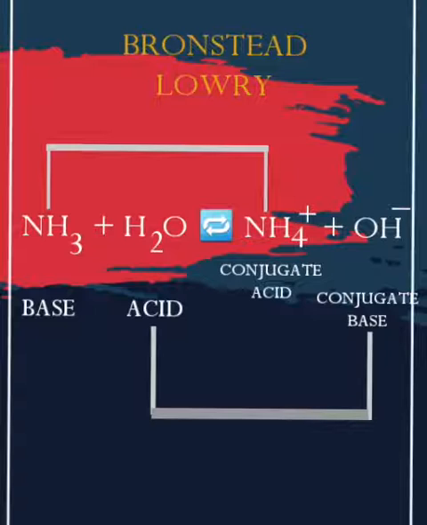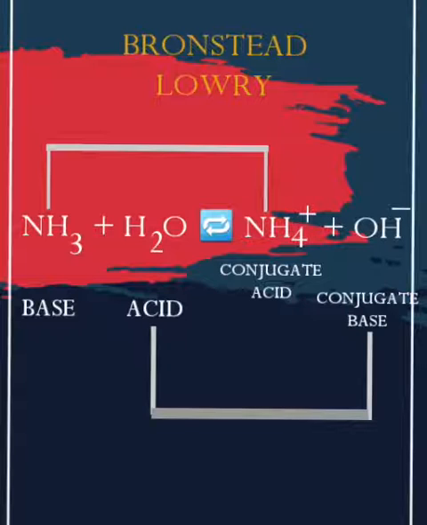The acid-base pair that differs only by one proton is called a conjugate acid-base pair. Thus, OH minus is the conjugate base of the acid H2O and NH4 plus is the conjugate acid of the base NH3.